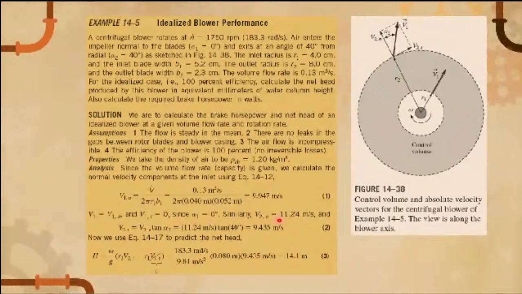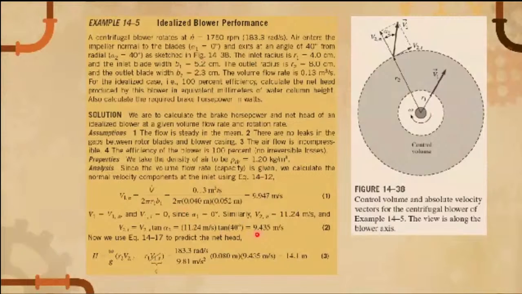and then you need to calculate the tangential velocity, which is the V2 tangential. So you can use the outlet velocity, and then you have the angle which is given. Then you will be able to get the tangential velocity, which is 9.435 meter per second.